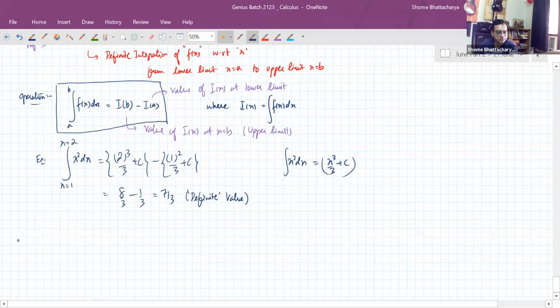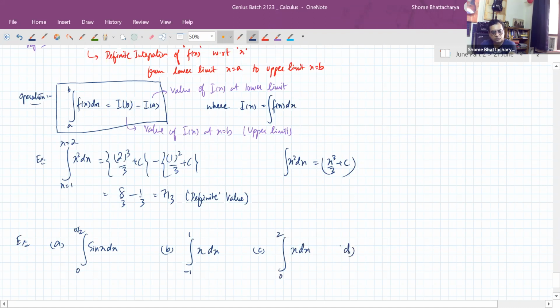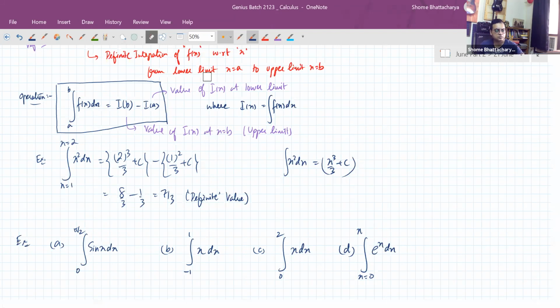Okay, so let's first practice this out with some examples. Okay, so let's work out these four values.